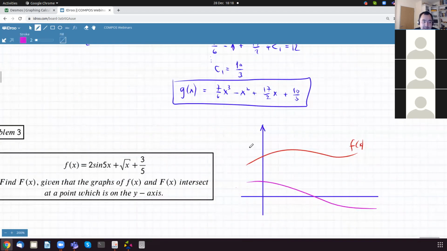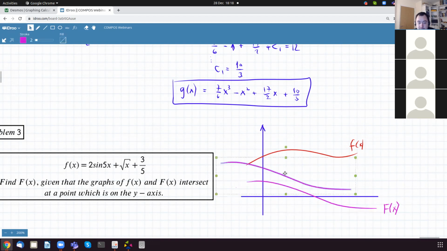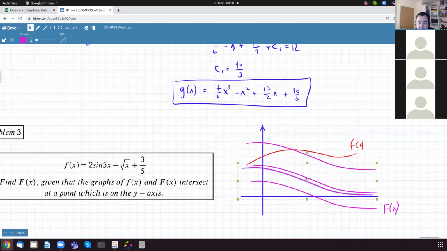Now this is F of x, but look, we have multiple F of x, because if F of x is a primitive function, then F of x plus c is also a primitive function. So if we shift the formula up or down, it's also the antiderivative. I'll shift like this. These are all antiderivatives with different c's.